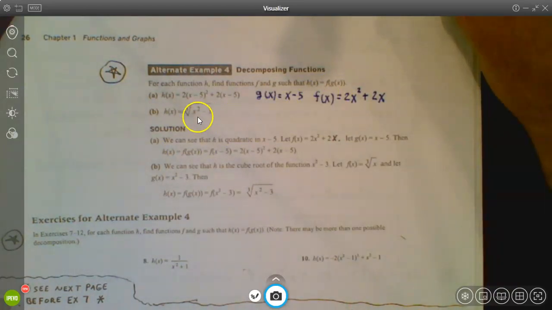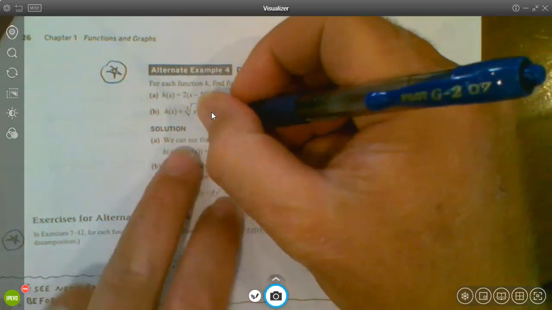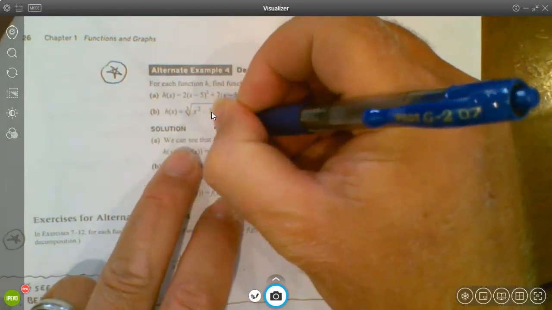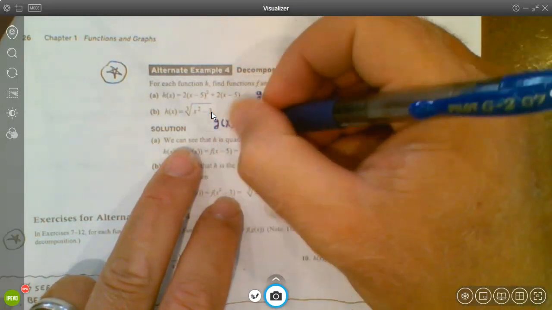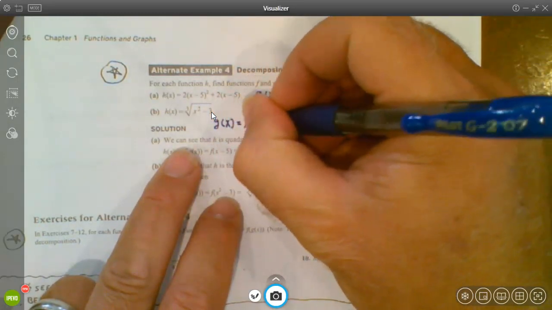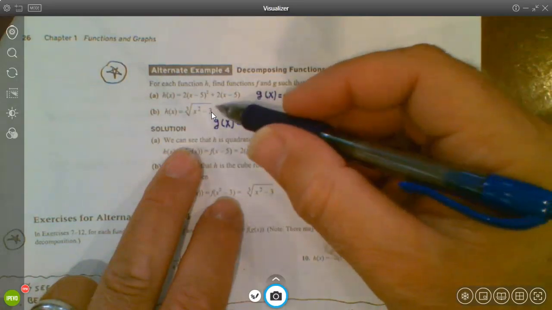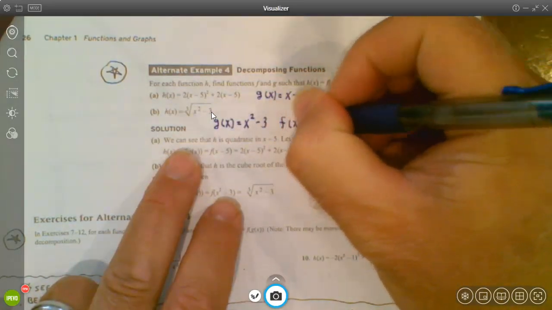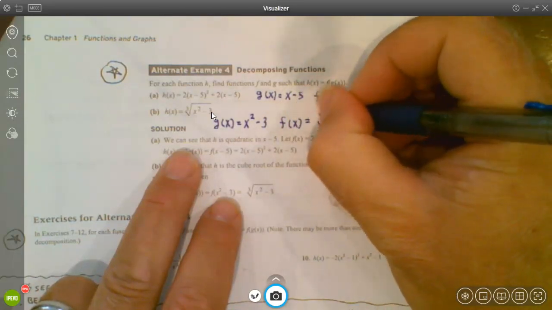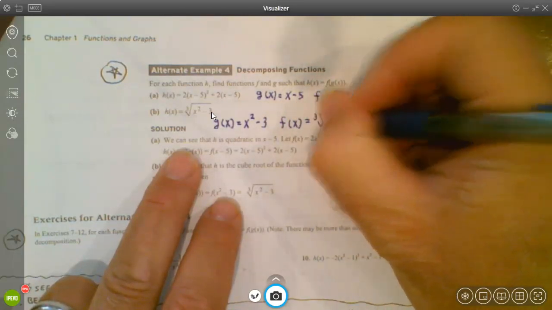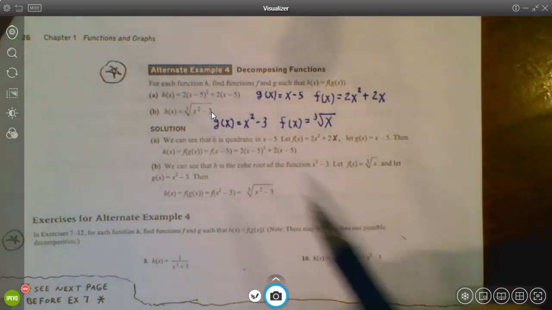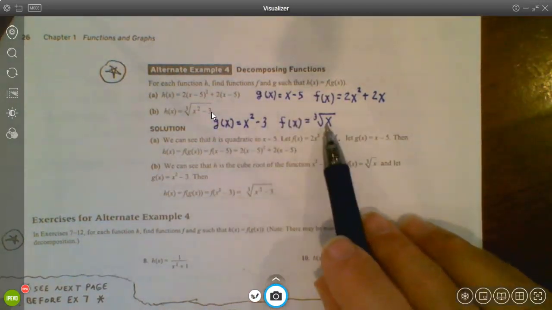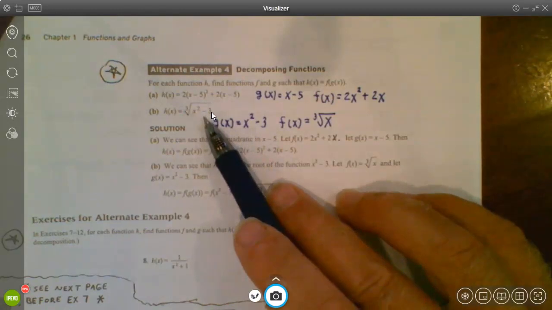So again, on this one, I can take the x squared minus 3, which is under the radical, and we can treat that as our interior function. Right? And what was that plugged into? So that f of x function, the exterior, would just be the cube root of whatever. So in this case, cube root of x. So you can see if I were to take this and put it in for that x right there, this is the look that we would get.